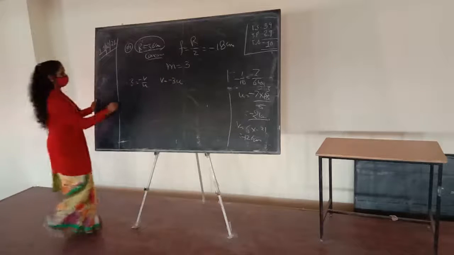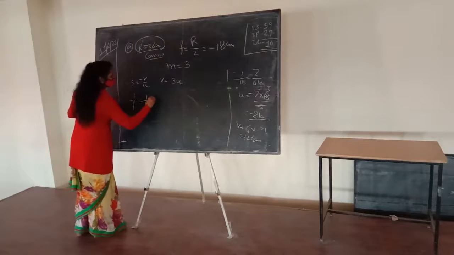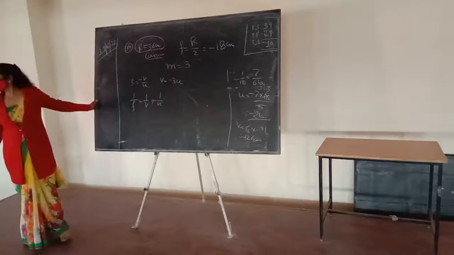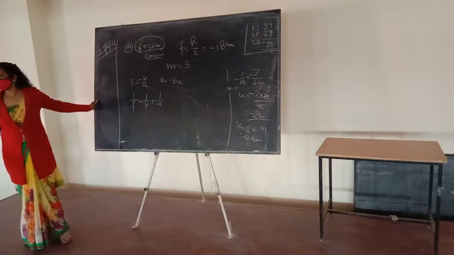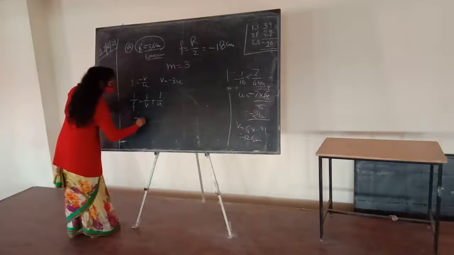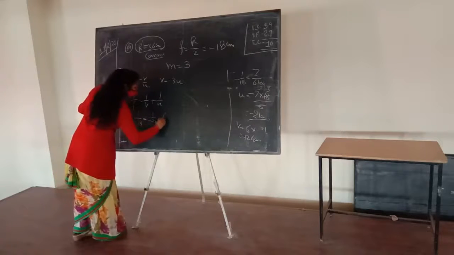The last part. The second part you have to do yourself, or if any one of you has any doubt, you can ask me. Same as the first part. So 1 upon -18 is equal to 1 upon -3u plus 1 upon u.